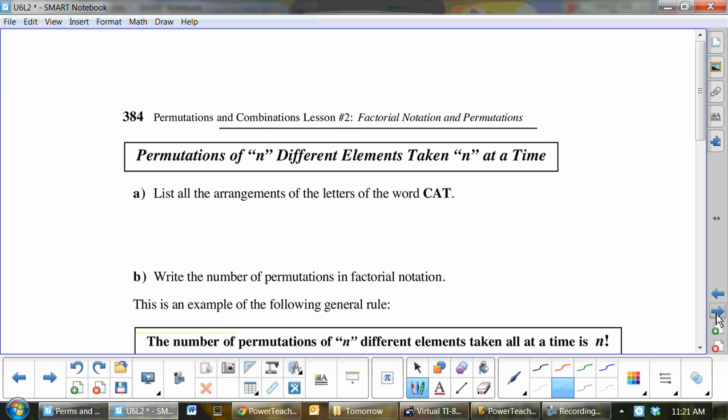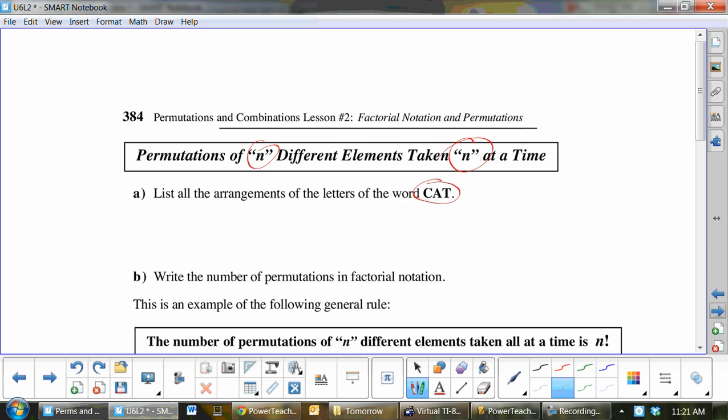Now, let's talk about n different arrangements taken n at a time. Now, that sounds complicated, but these ones are quite easy, because if you have 3 things, and I'm making groups of 3, so let's think about the word cat.